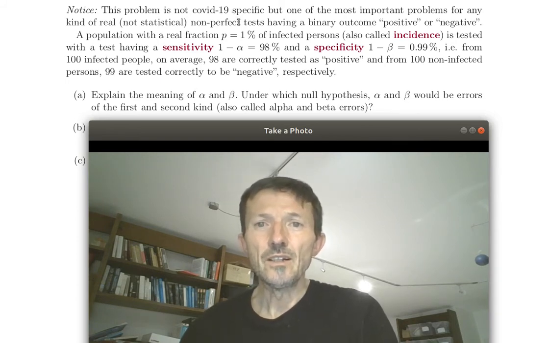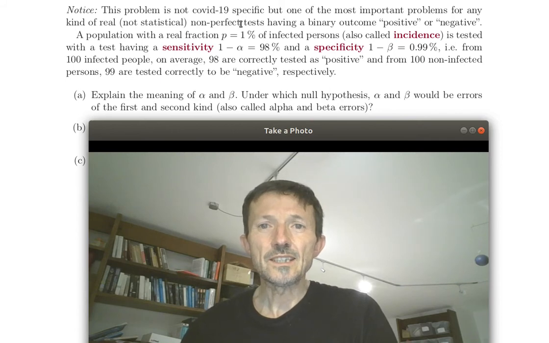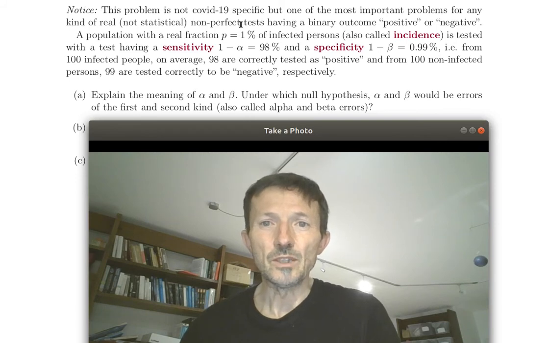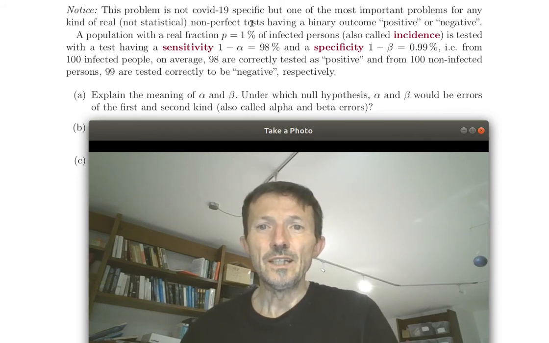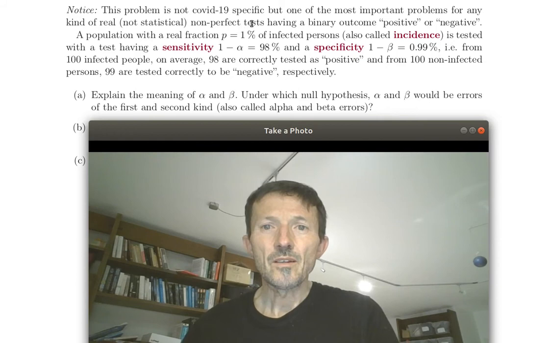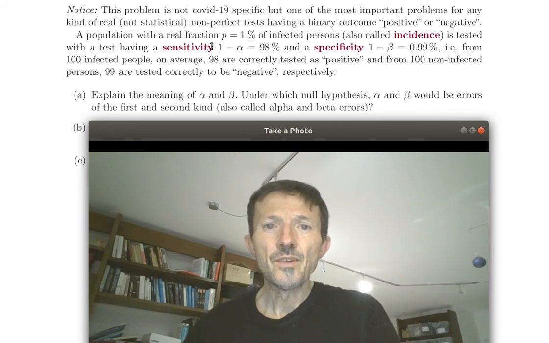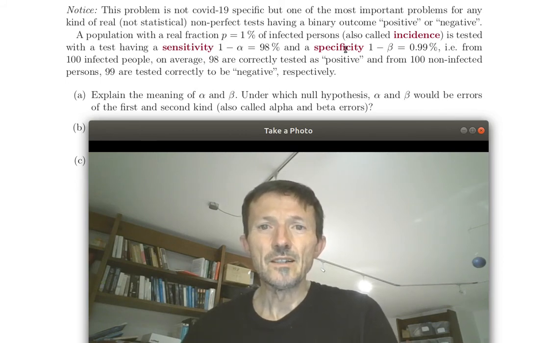If it were perfect tests, then any true outcome in reality would test positive, and any false outcome in reality would test non-positive or false. In reality, neither outcome can be tested perfectly. So a test has a certain sensitivity and a certain specificity.